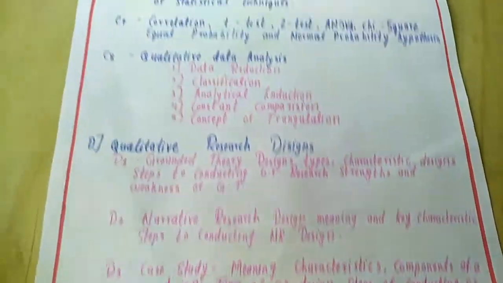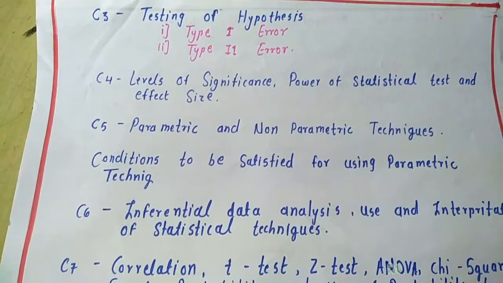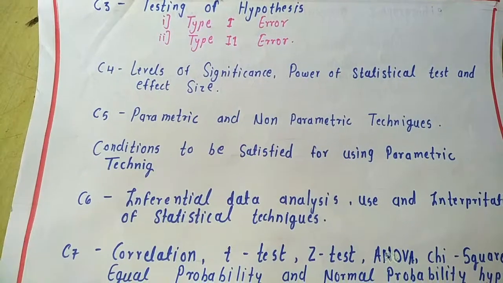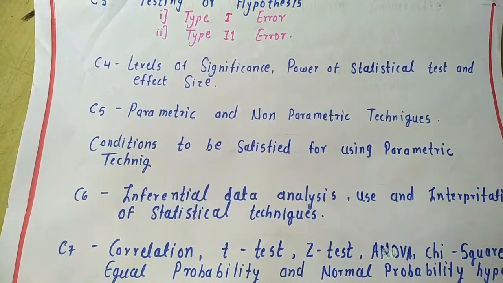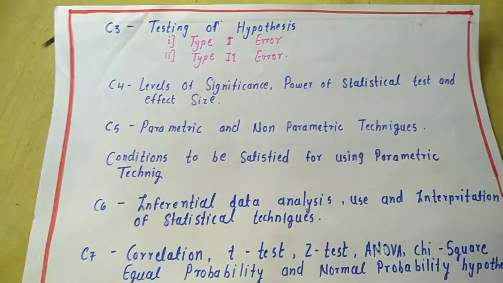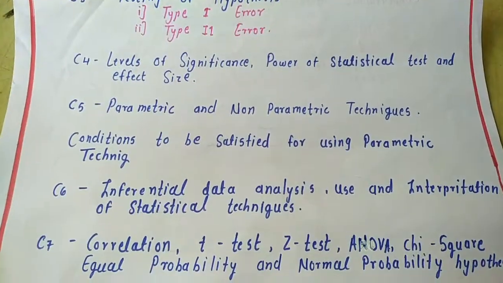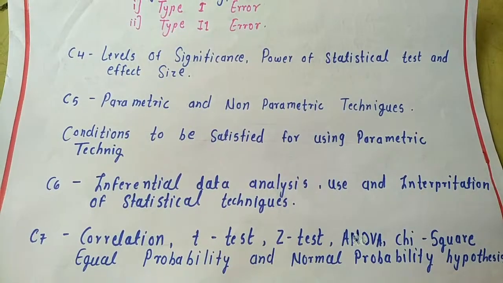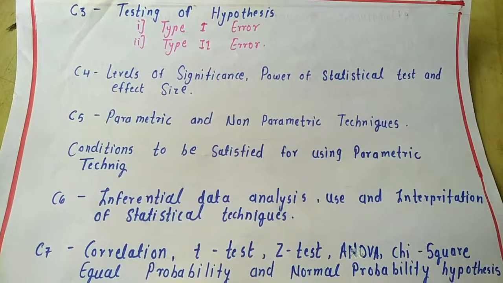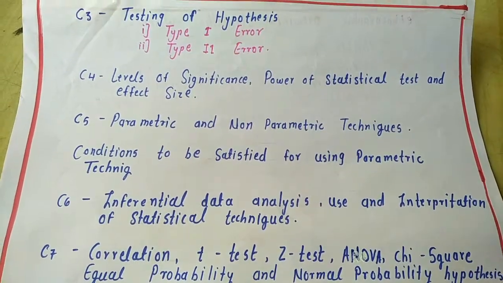Then testing of hypothesis: type 1 error and type 2 error. Such errors are related to interpreting the testing of hypothesis. If a hypothesis is true and we take it as false, then such errors are formed, type 1 and type 2.